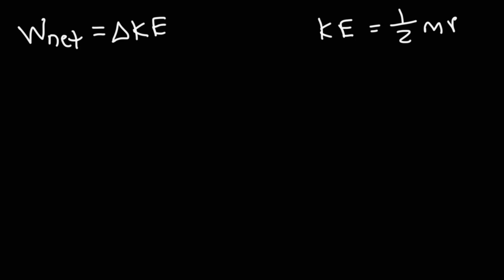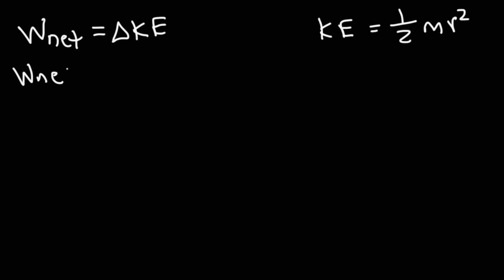Now, work is also equal to the change in kinetic energy. The work done by the net force acting on an object is equal to the change in the kinetic energy of that object. This is known as the work energy theorem. Now, kinetic energy is 1/2 m v squared.